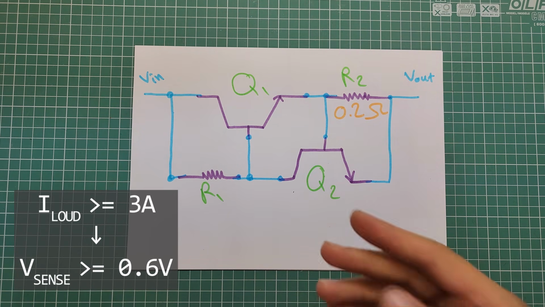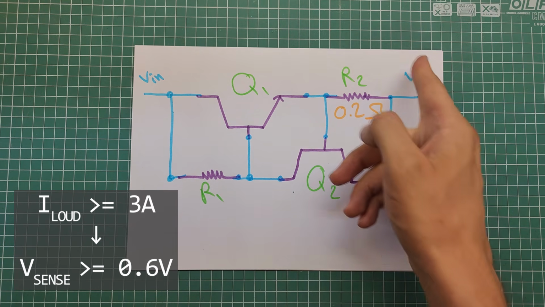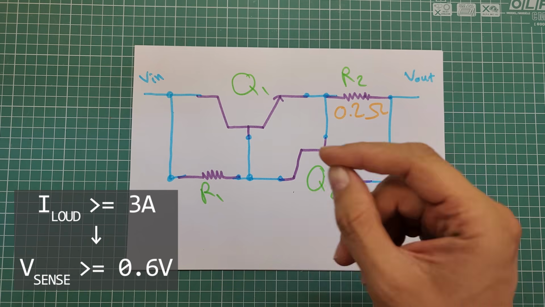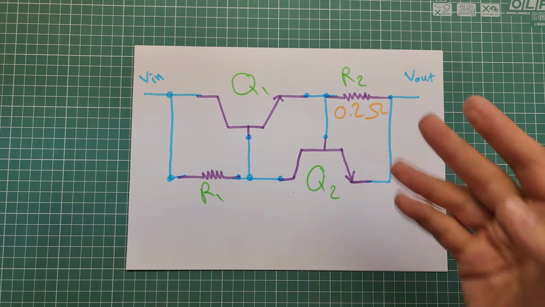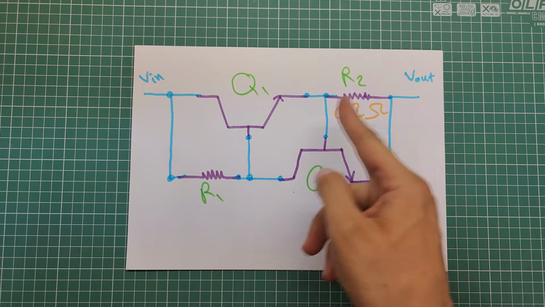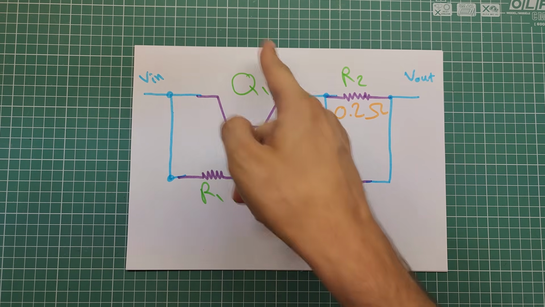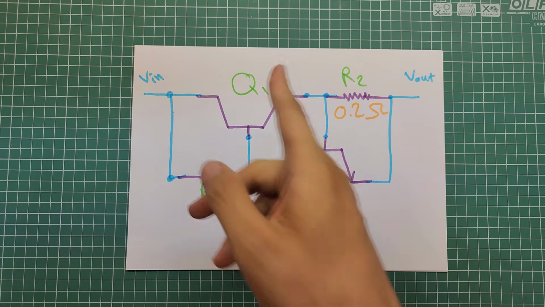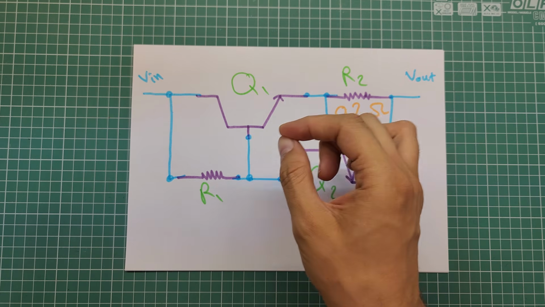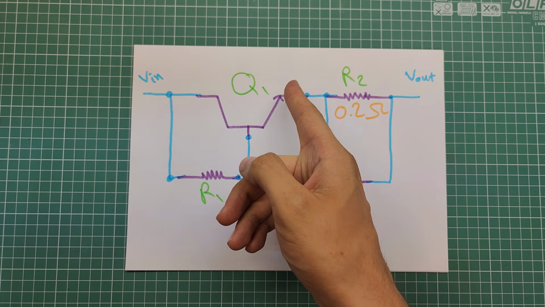If the load tries to draw more than 3 ampere, the voltage across the sense resistor will become more than 0.6 volt. Eventually, it will turn on this transistor, and then this transistor will take down the voltage on the base terminal of this transistor, and finally, this transistor, which is tending to the off state, will increase resistance on its collector emitter junction.